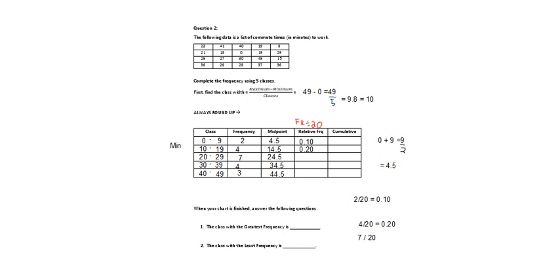And that's equal to 0.35. Then 4 divided by 20, which we did earlier, it was 0.20. And then 3 divided by 20, if you put that in the calculator, it's 0.15.